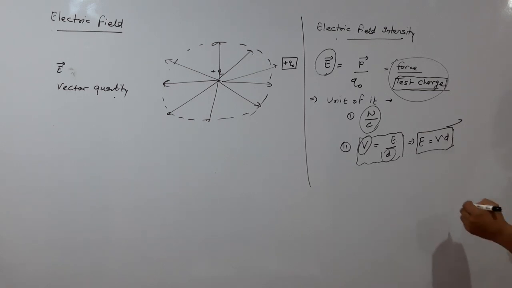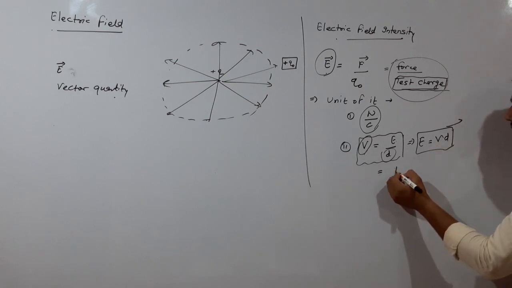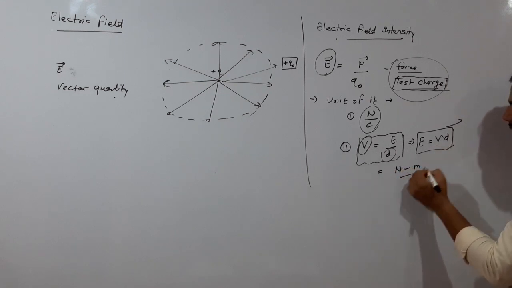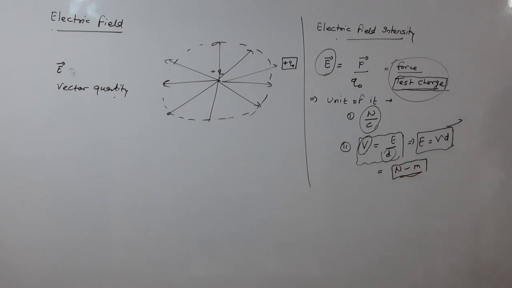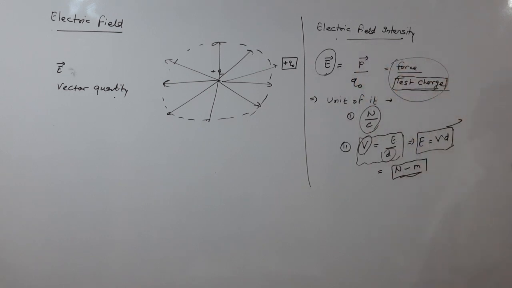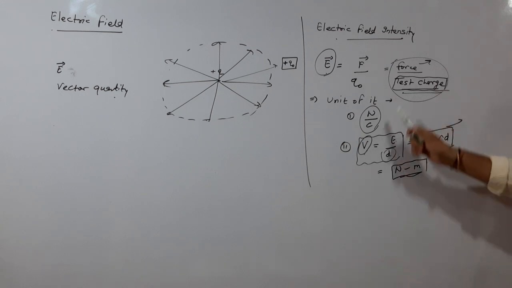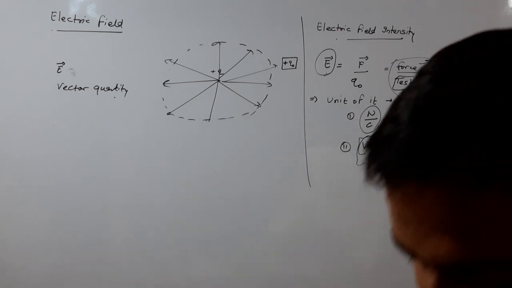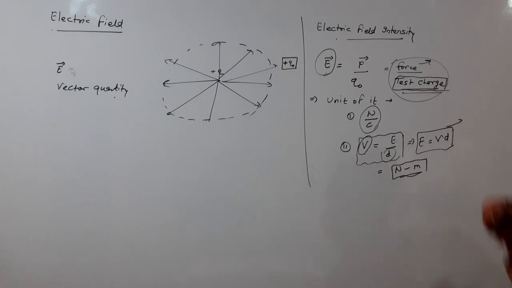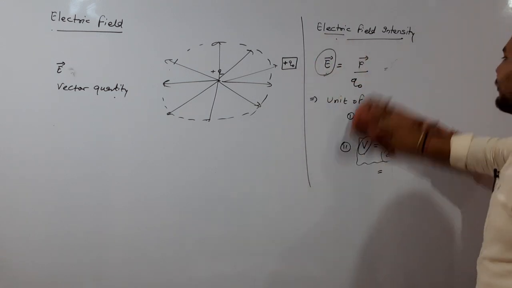So the second unit is Volt per meter. What is the definition of electric field intensity? The ratio of force per unit test charge is called electric field intensity. It is also a vector quantity.